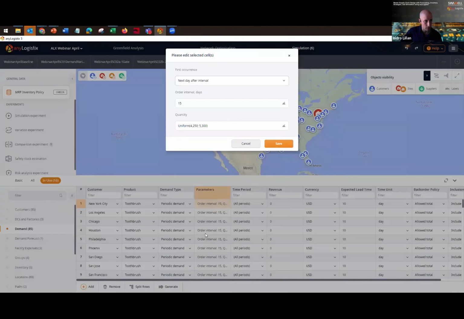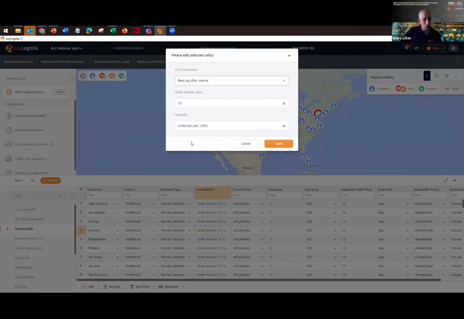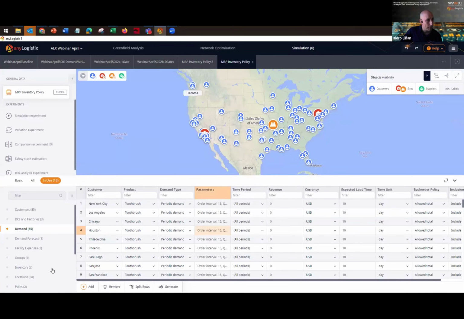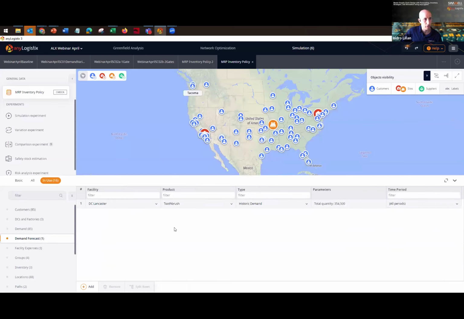Each customer has their own distribution for sales, and they are ordering every 15 days. And then the difference here is that we're introducing demand forecast. For simplicity, you can point a demand forecast to customers, to specific DCs, to any object that you already have in anyLogistix, which is a really good feature because then you can isolate.